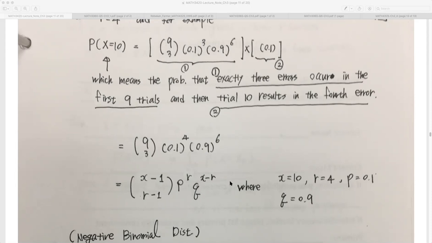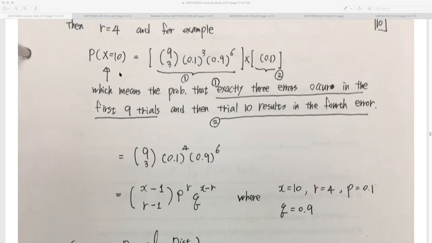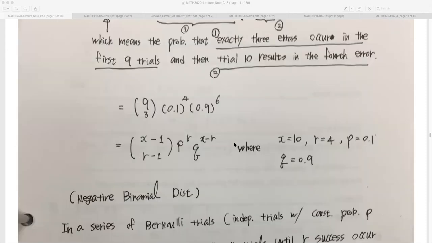So how did we get this? From the binomial distribution PMF of x minus 1 and r minus 1. Out of x minus 1 trials, the probability that we get r minus 1 successes is a binomial distribution, times p. That's going to be a negative binomial distribution.